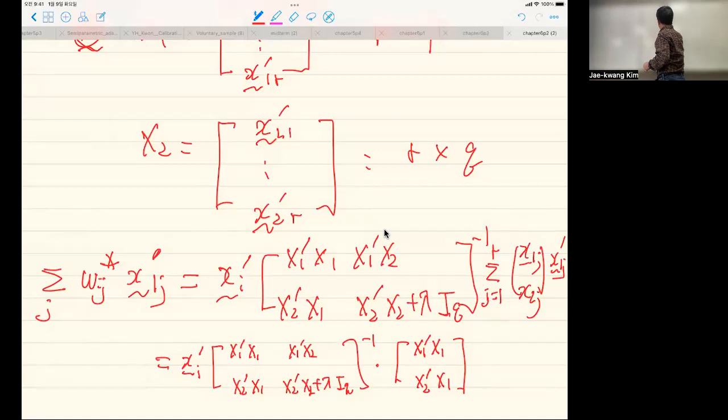This is a little bit confusing, but for example, this one is a summation i equal to 1 to r of x1i x1i prime. So that is basically what is going on here. So we have x1j prime, which is 1, 1. Okay?